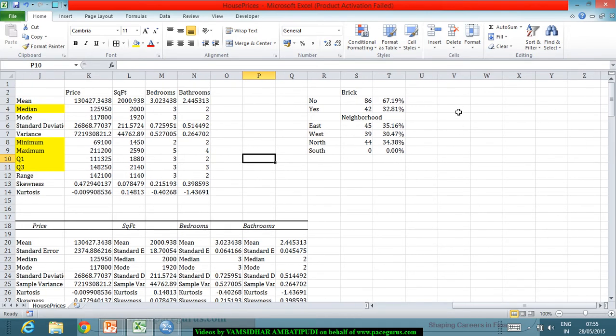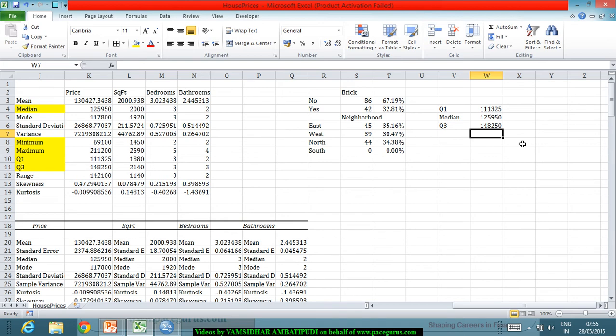Now, for one single box plot, I will try to bring in, let's say, Q1, median, and Q3. We'll talk about these 3. Now, let me bring in Q1, and this is the median, and this is Q3. Right?